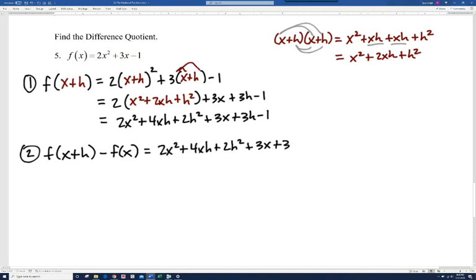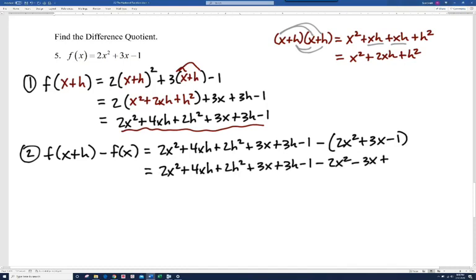Well, we just found f of x plus h. That's all of this. And so we're just replacing that right here. That's my f of x plus h minus f of x, which we know is 2x squared plus 3x minus 1. So we need to distribute that negative. So I'm going to rewrite all this good stuff. And one of the things we found last time is our f function, each of the terms canceled, there were 2 last time, canceled with 2 of the terms in the other part.